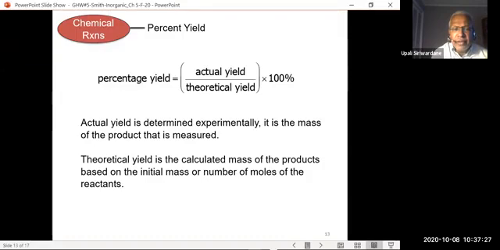Actual yield could be a little less than the theoretical yield. Therefore, a reaction cannot have more than 100% yield, or something is going wrong in the reaction. Actual yield is determined experimentally; it is the mass of the product that is measured. Theoretical yield is the calculated mass of product based on the initial mass or number of moles of the reactants.